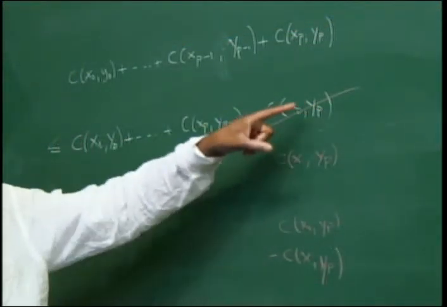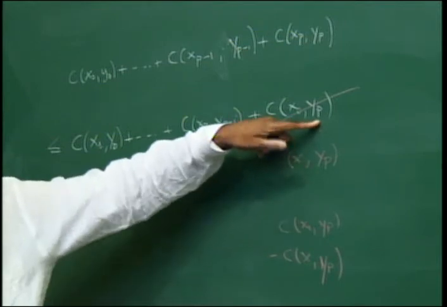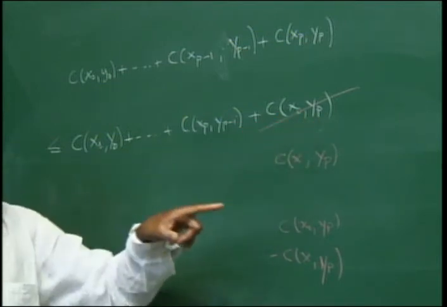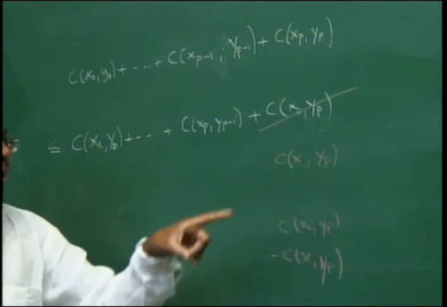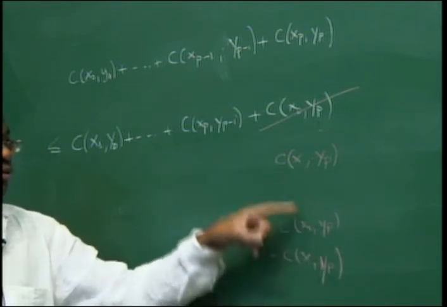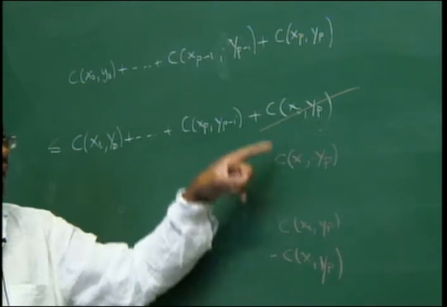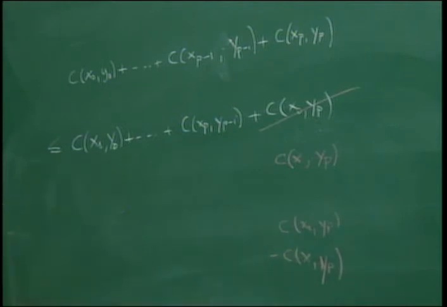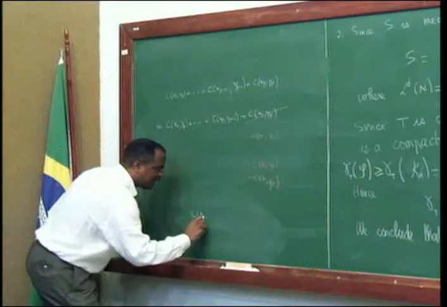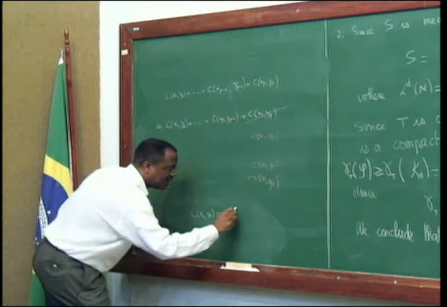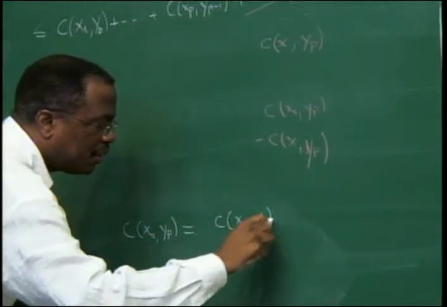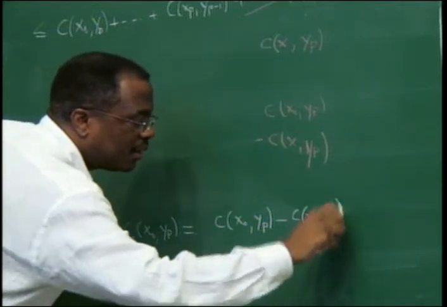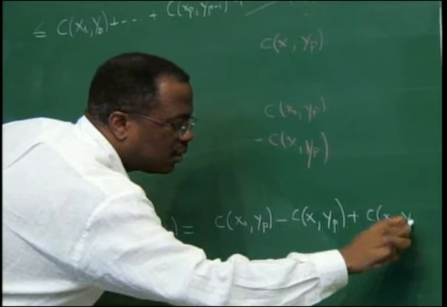So originally, this is what I have. I have x naught yP. And I am writing that C x naught yP is C x naught yP minus C x yP plus C x yP. So I write this and I subtract it. Okay, again, I have done nothing but this.